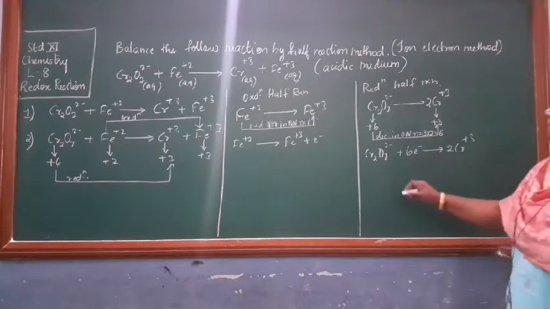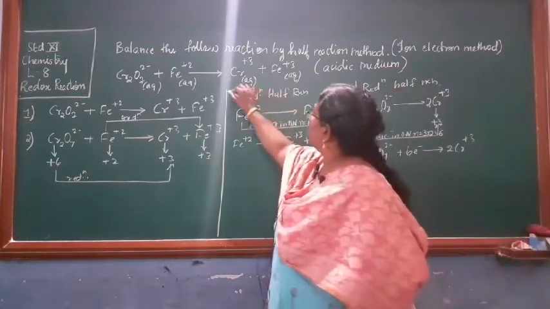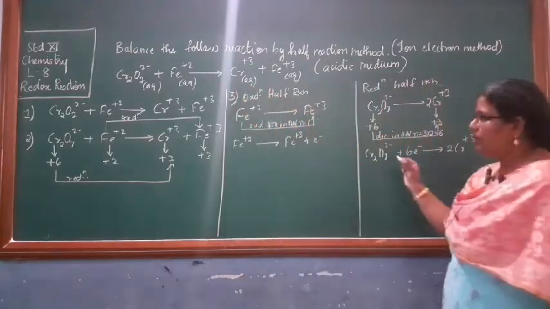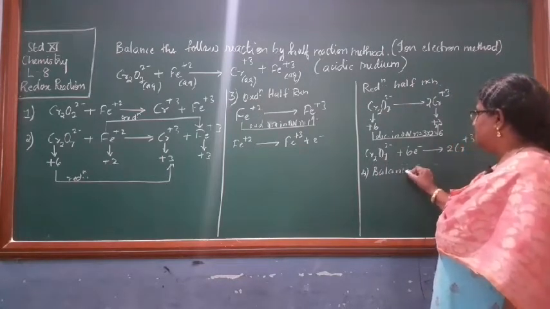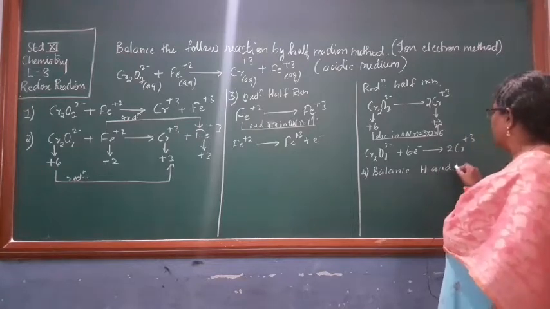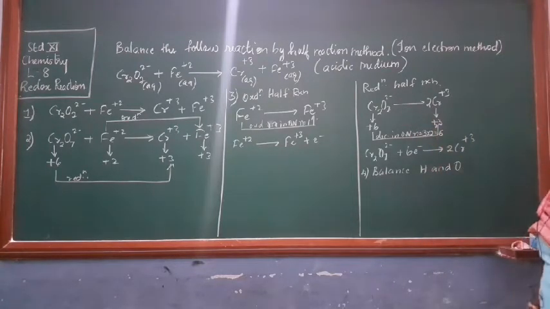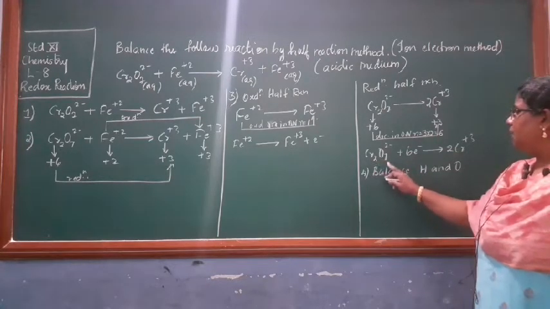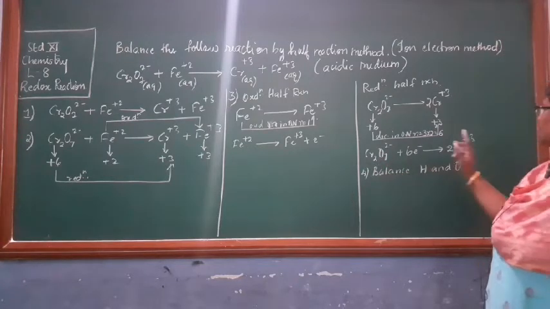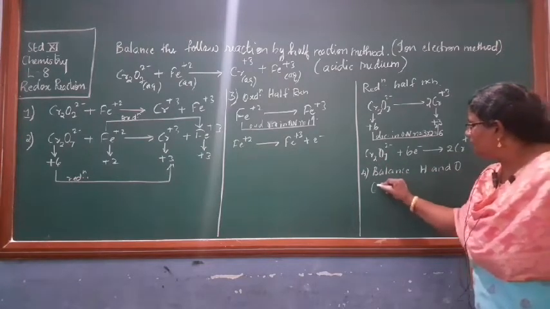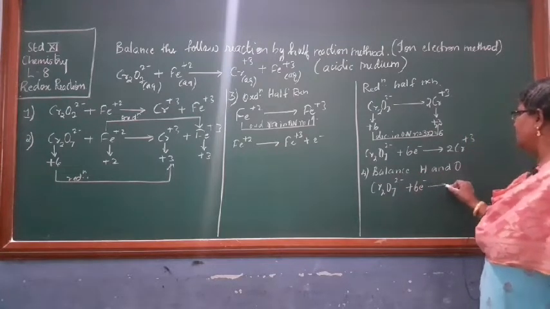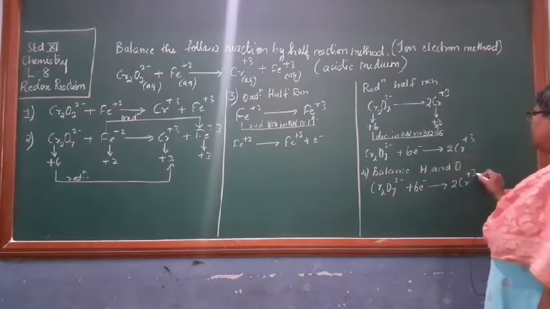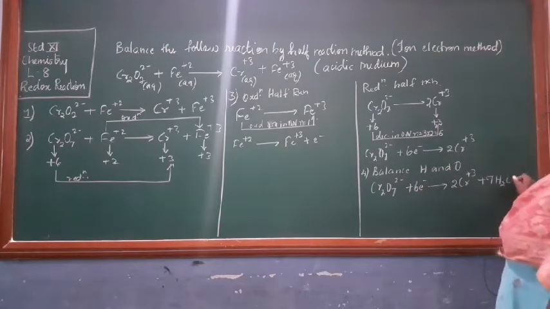What is the next step? The next step, this was the third step where you divide into 2. Now the fourth step is to balance H and O. Here I have mentioned acidic medium, so in acidic medium we will try to balance. How many oxygen atoms on the left hand side? There are 7. Right hand side none. So Cr2O7 2 minus plus 6 electrons gives you 2 Cr plus 3 plus 7 H2O.